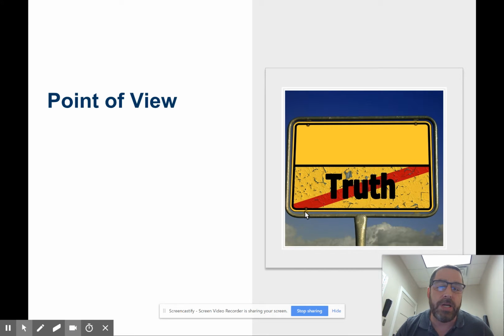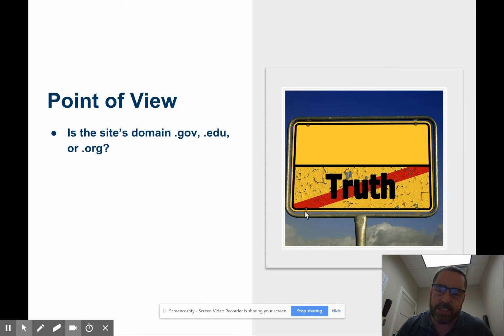So first, looking at point of view. You need to look at what the site's domain is, so where it lives. If it ends in .gov, that's short for government, and that's one of our US government sites. Usually those are pretty trustworthy. If you see .edu at the end, this stands for education, usually higher education organizations like a college or a university.